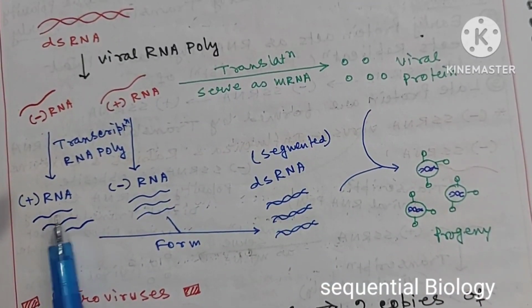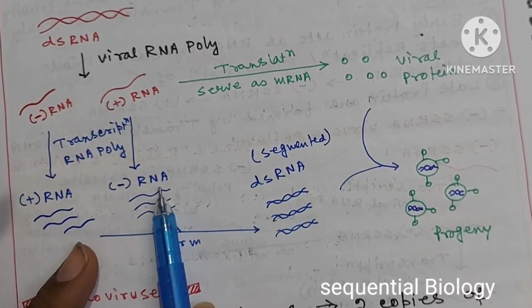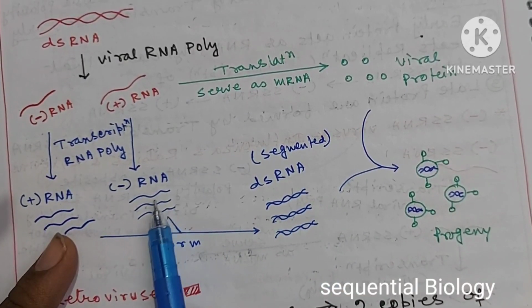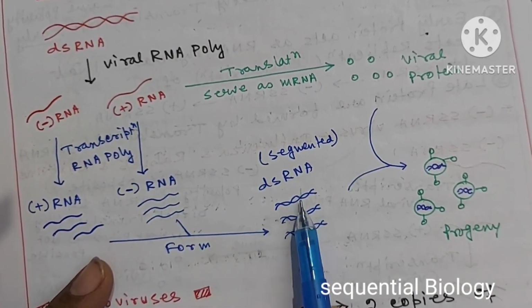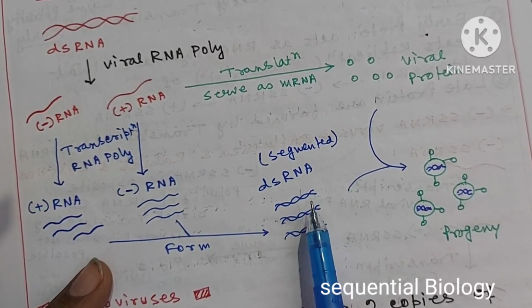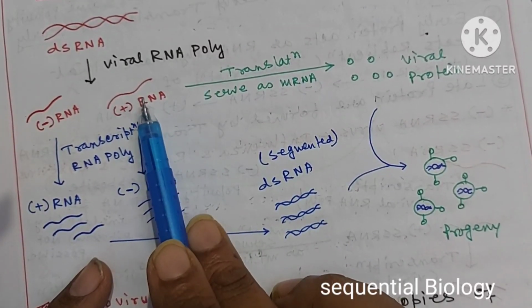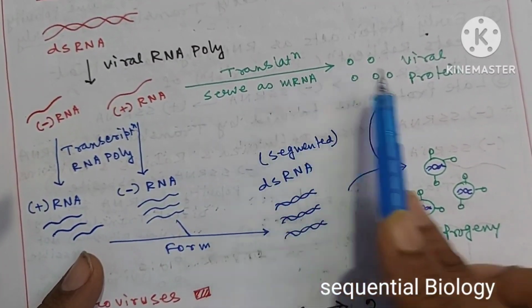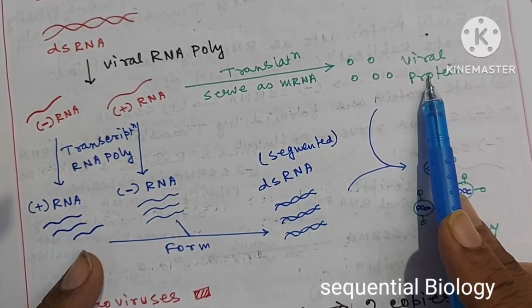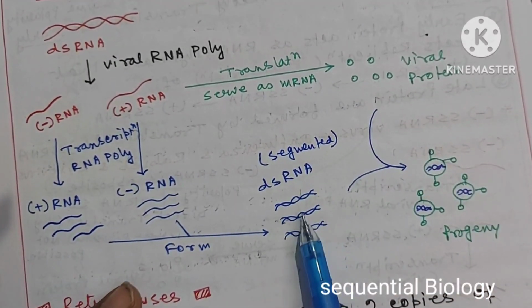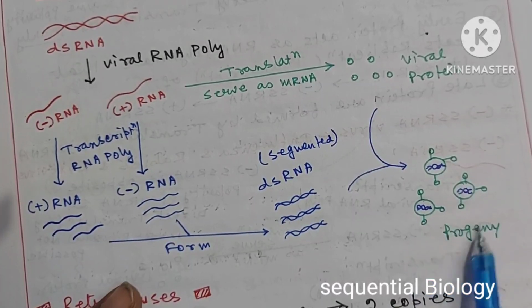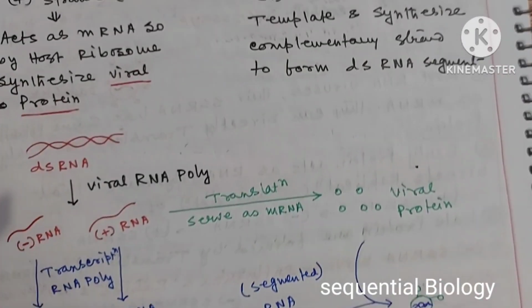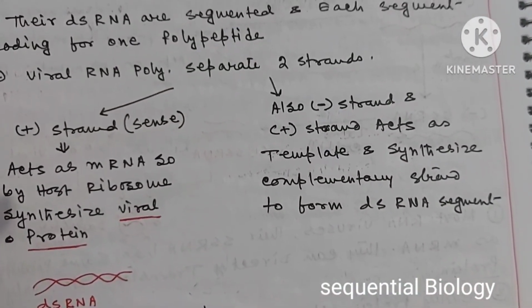This plus RNA and minus RNA then form a double-stranded RNA, since they are two complementary strands and will be united. Also, since the plus RNA serves directly as mRNA, it will also produce the viral structural protein, and this structural protein and the double-stranded RNA are packaged together to form many progeny viruses. This is the reproductive strategy of double-stranded RNA containing viruses like reovirus and rotavirus.